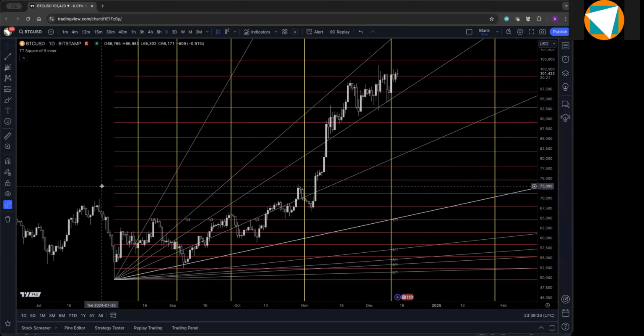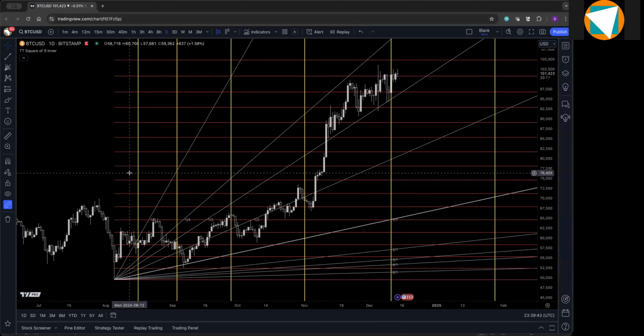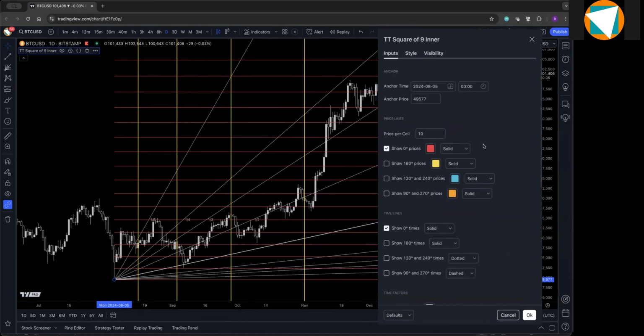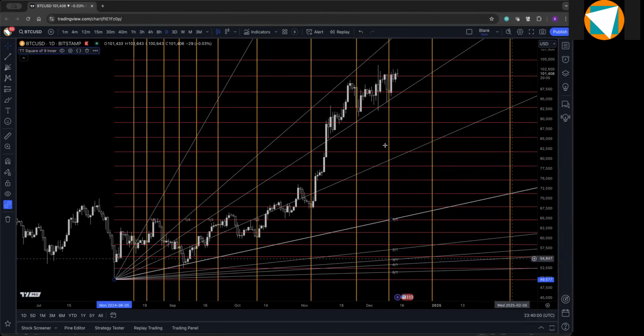Now, one thing that we do know about Bitcoin, and I want to show you this before we leave Bitcoin, is that Mercury Helio is very important with Bitcoin. So let's give this a shot using Mercury Helio as the time factor instead of the sun and see what it looks like. Okay, so here's Mercury Helio, and we've got intersections moving up here.